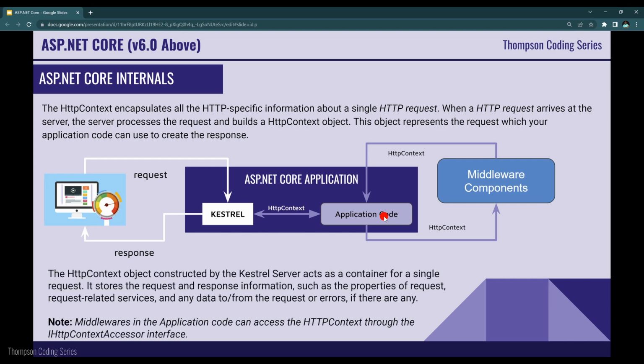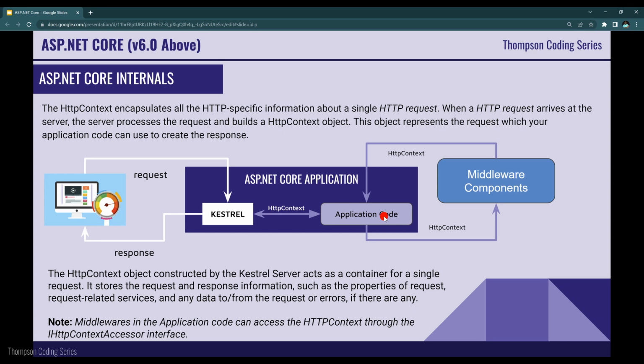The HTTP context object constructed by the Kestrel server acts as a container for a single request. It stores the request and response information, such as the properties of the request, related services, any data to and from the request, or errors if there are any.